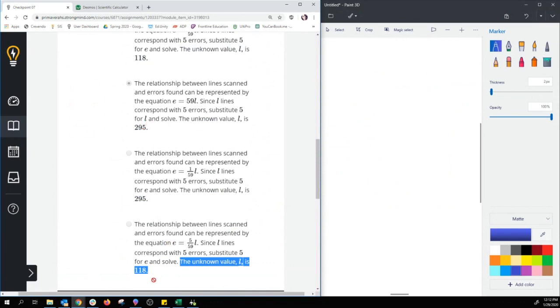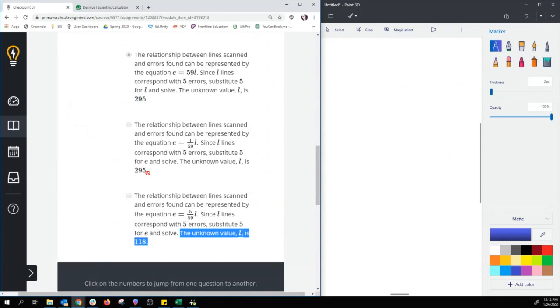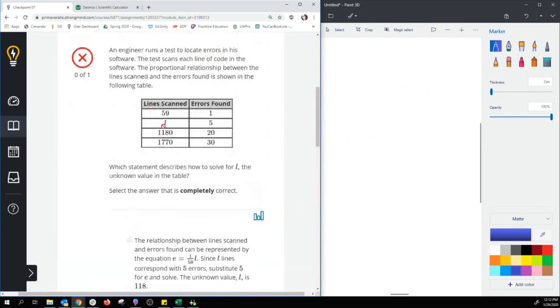Two of them say that L is going to be 118, and two of them say that L is going to be 295. So what we're going to do is use this equation to figure out a unit rate, and then from our unit rate, we're going to figure out what L actually is.